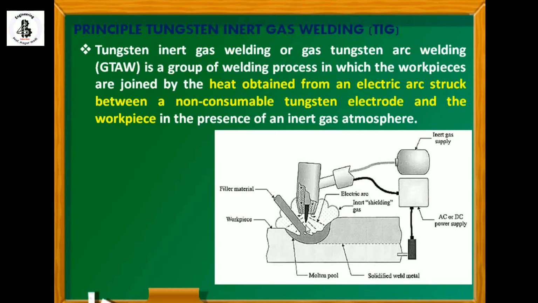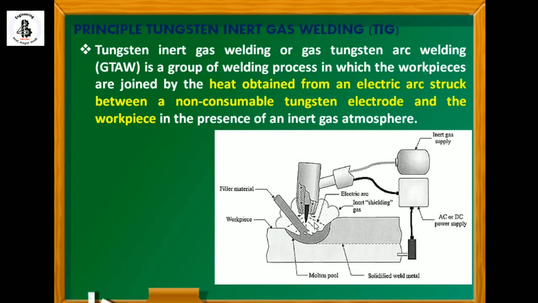But in case of inert gas, there is no flux, so there is no slag formation or slag entrapment during the welding process. That is the main advantage of the TIG welding process.